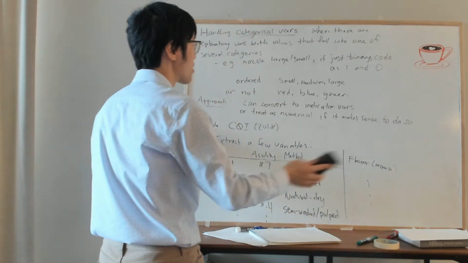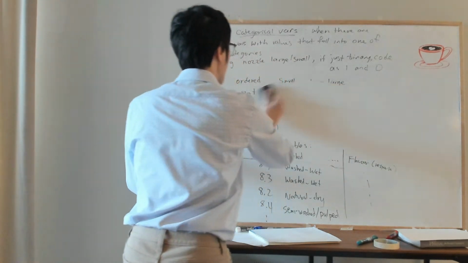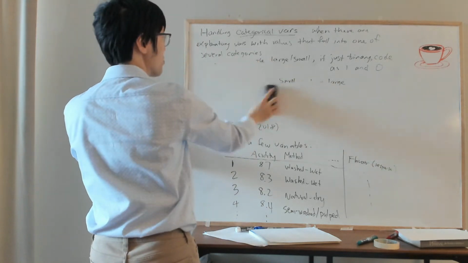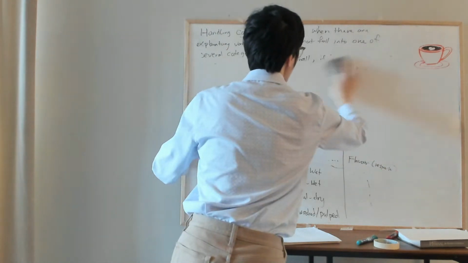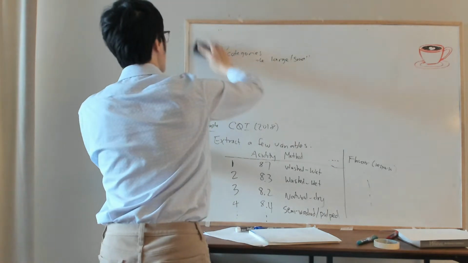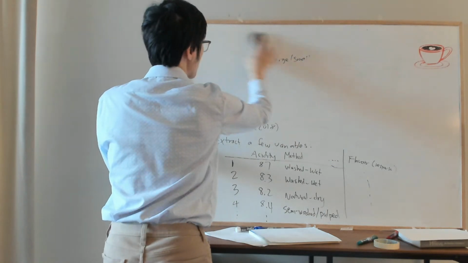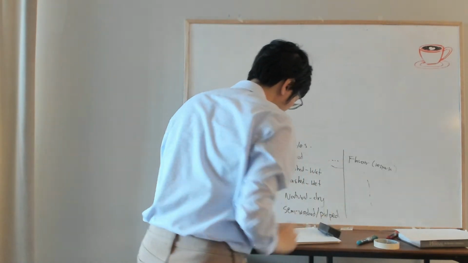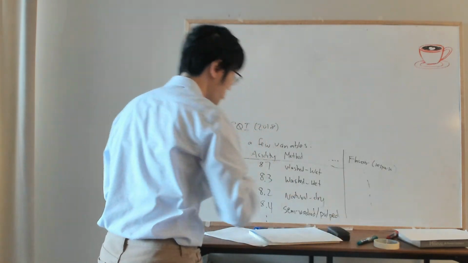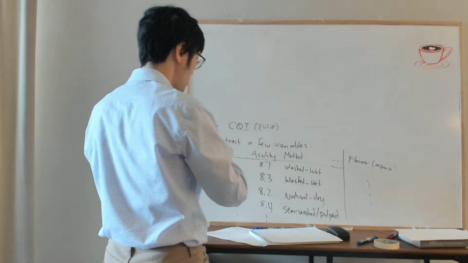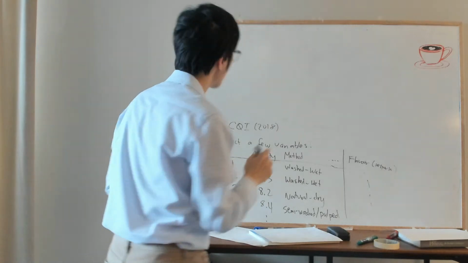Okay, so let's talk about how we are going to set up our matrix of predictors X. To make this concrete, I'm going to try to draw out an X matrix so we can see exactly how this is going to look.